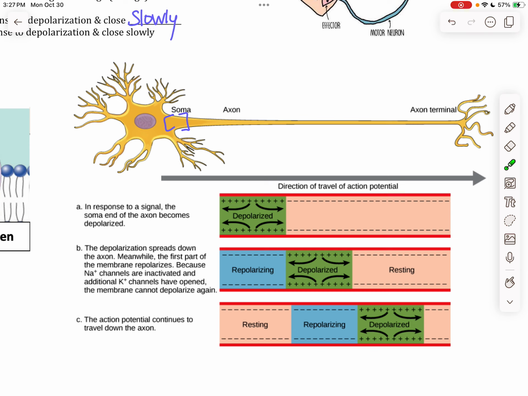Once it's already been there, so this part here has already been through the action potential, that's called repolarization. That is, the sodium channels are closed and additional potassium channels are open, so that the membrane cannot depolarize again. And then we're starting to become negative again because the sodiums are now leaving.